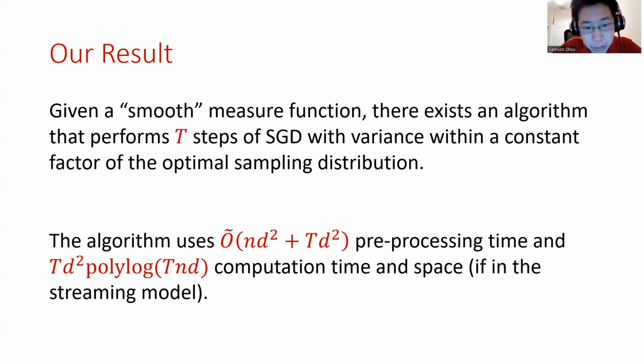The algorithm uses roughly nd squared plus td squared preprocessing time, and td squared polylog computation time and space, meaning the algorithm can still work in the streaming model where we see the rows of A one at a time. Our algorithm just needs to take a single pass over the rows of A. It computes the data structure, and this data structure is able to permit t steps of SGD.